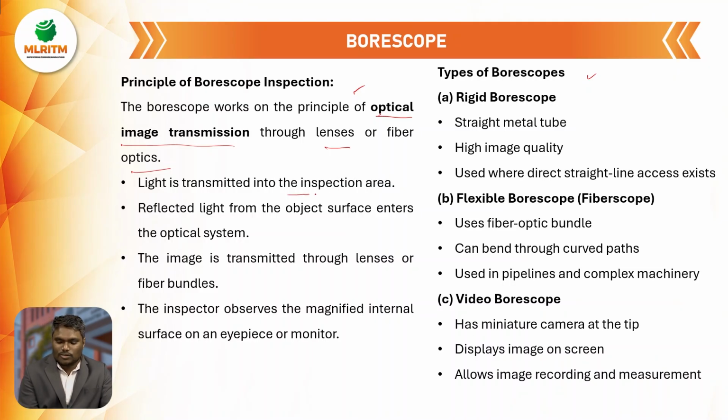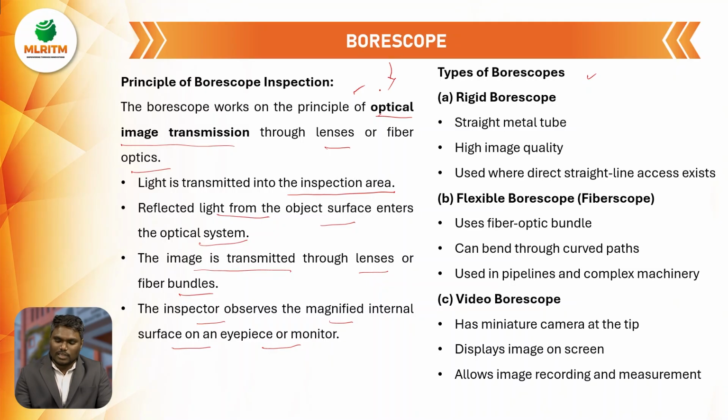First, light is transmitted into the inspection area, and then reflected light from the object surface enters the optical system, and then the image is transmitted through the lenses and fiber bundles. After the image is transmitted, the inspector observes the magnified internal surface on the eyepiece or monitor. In this way, we can easily detect defects with the boroscope.